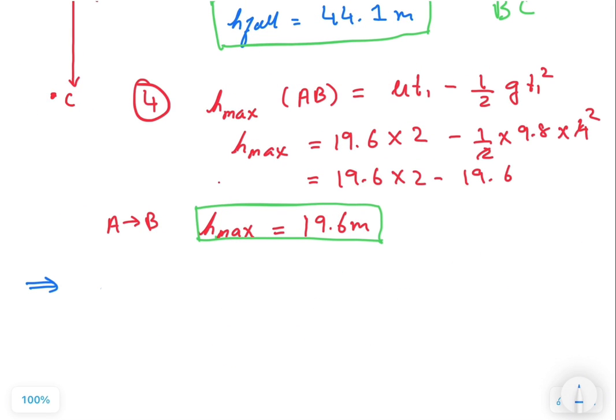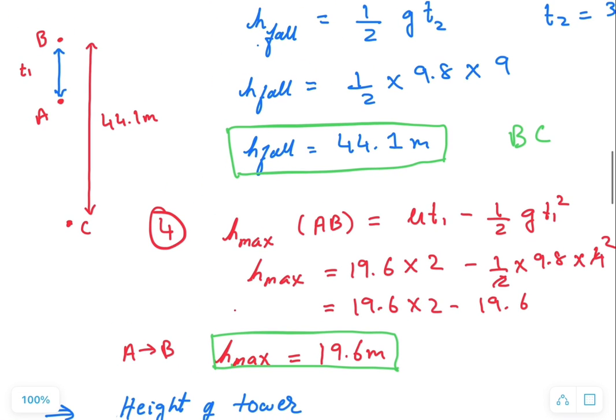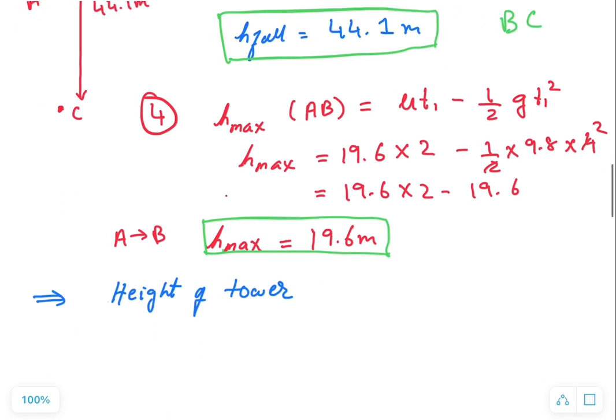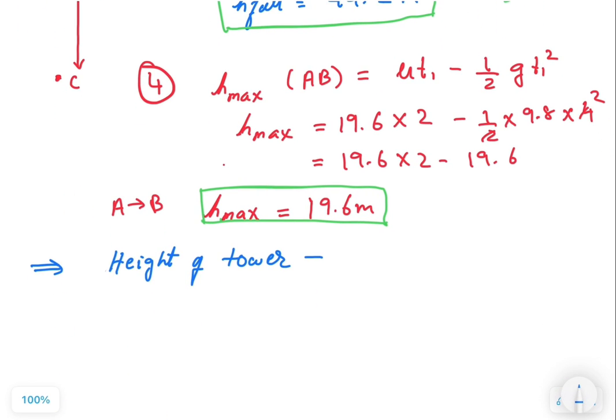Now let's calculate the height of the tower. Now the height of the tower is AC. It is BC minus AB.